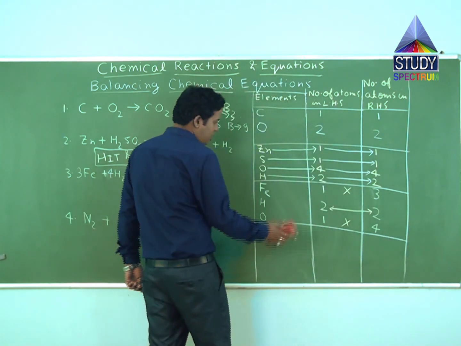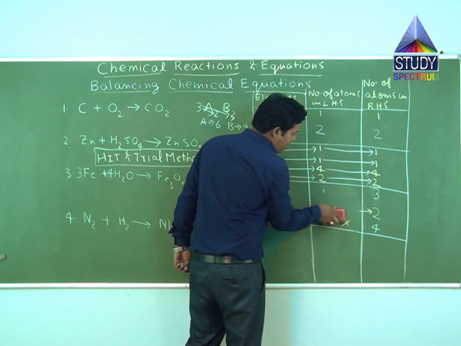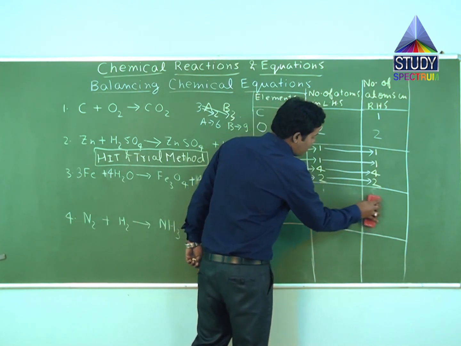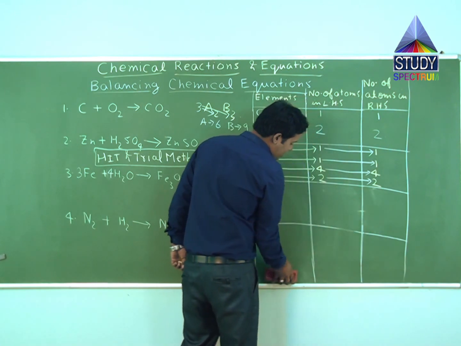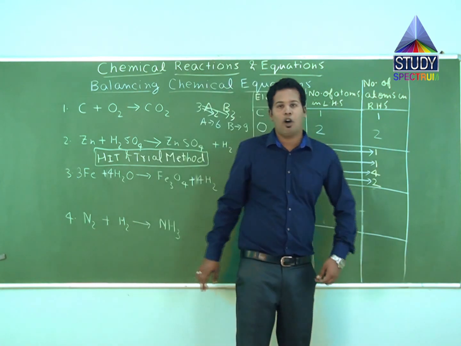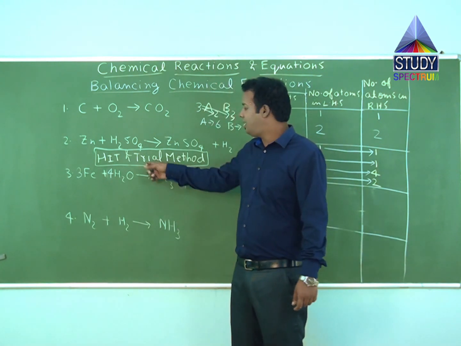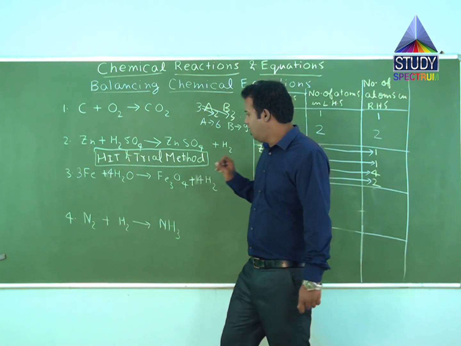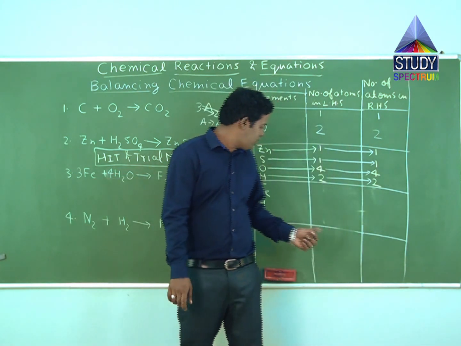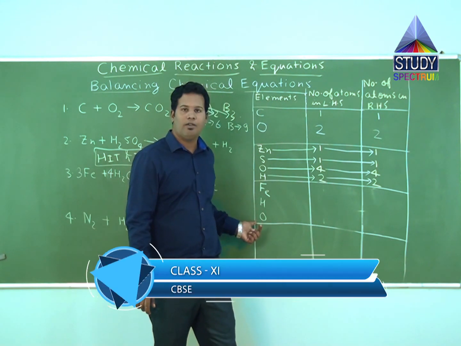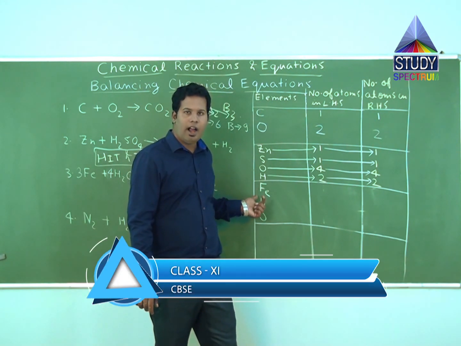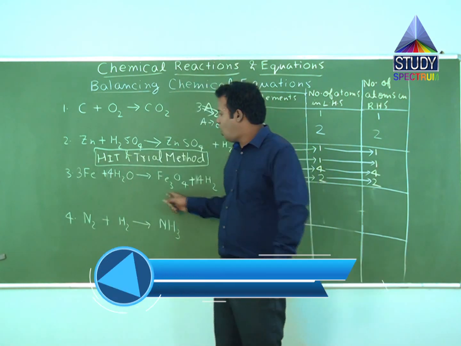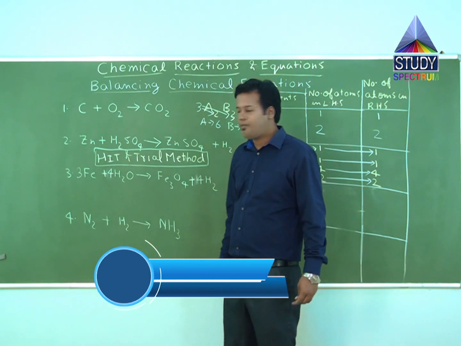So I will just erase these numbers and count once again to see whether the number of atoms of each element in LHS and RHS are the same after I have applied the hit and trial method to this chemical equation. Okay. Now starting again, we have 3 elements: iron, hydrogen and oxygen, both in LHS and RHS. Correct? Now let us count the number of iron atoms in LHS again.